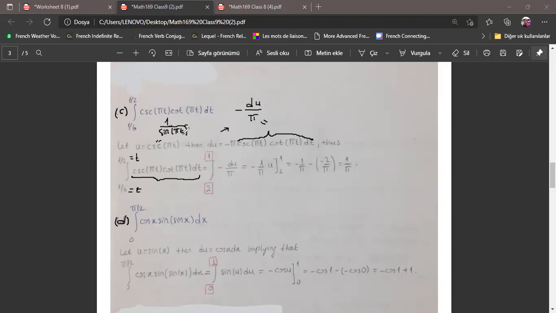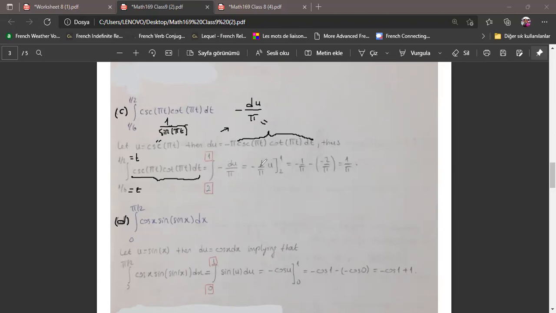So sin pi over 6 you have there. 1 over sin pi over 6 gives you 2. And when you have t equals 1 over 2, you will have 1 over sin pi over 2, and sin pi over 2 is equal to 1. You will get 1, right?